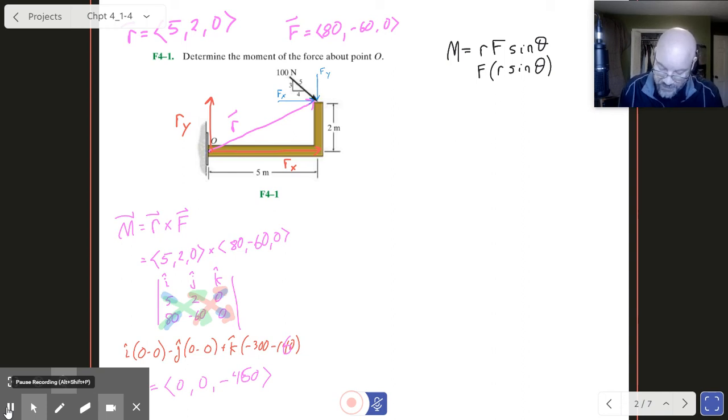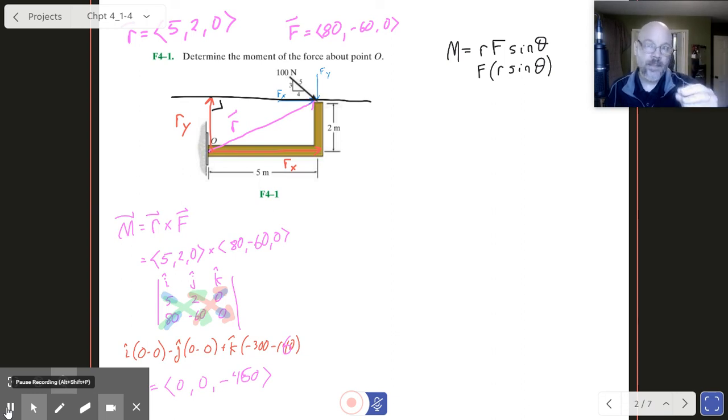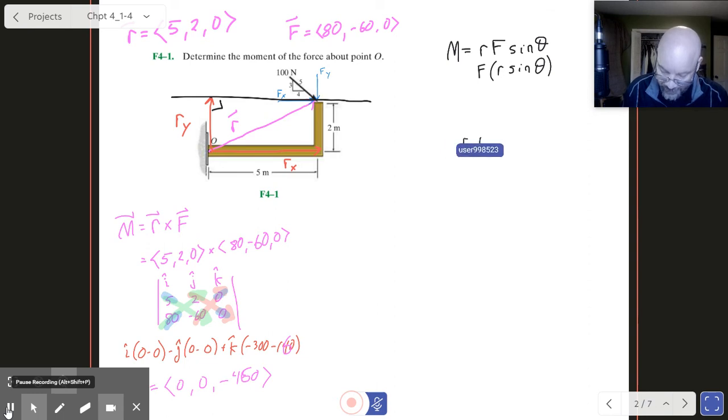The line of action for Fx is this right here. Look at this. Just like that. So if I want to know the moment only from Fx, I can use Ry. So I could take Ry and combine it with Fx. And that would be the moment from Fx.